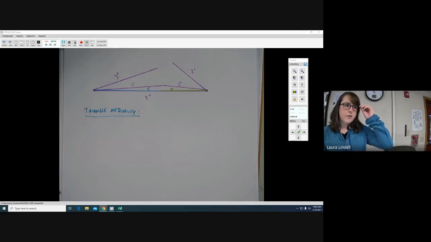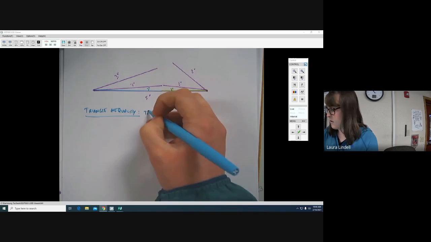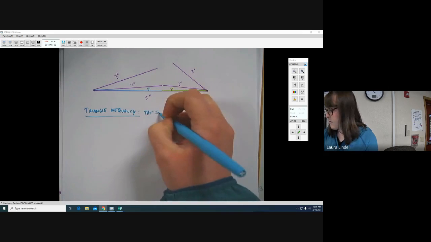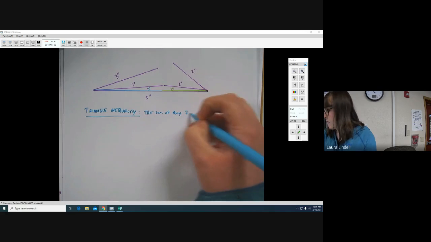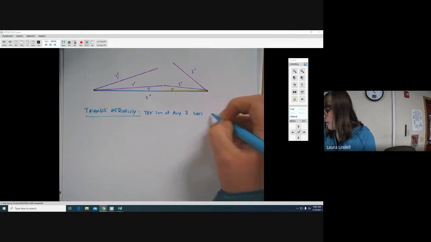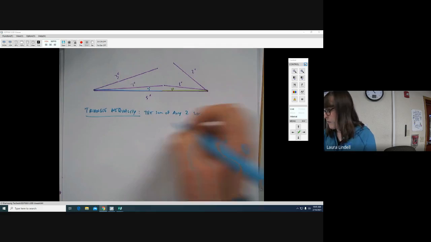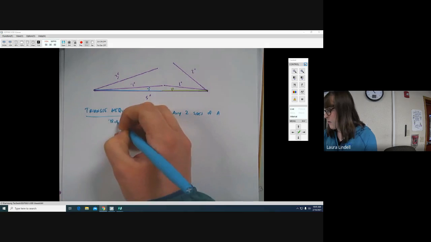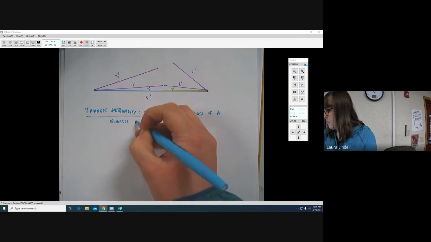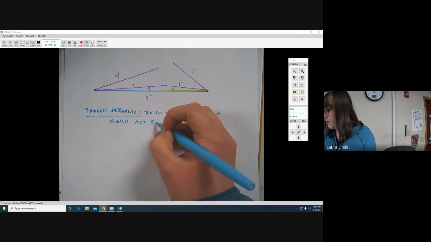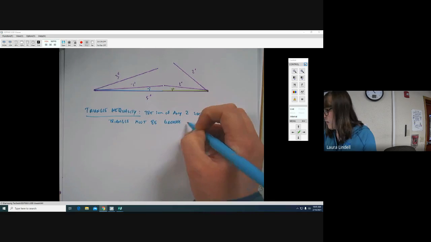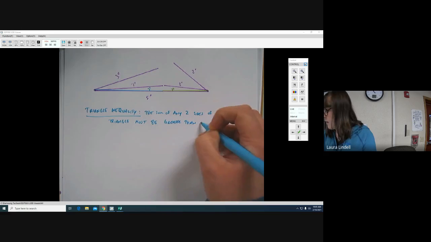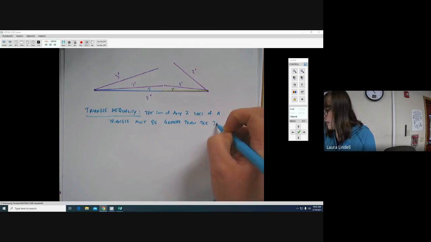All right, so the triangle inequality formally says that the sum of any two sides of a triangle must be greater than the third side.